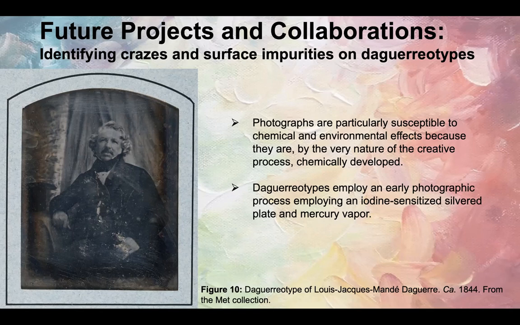That is a relatively new idea, but the Met does have a large collection of daguerreotypes, daguerreotypes being essentially early photographs that utilized an iodine-sensitized silvered plate and mercury vapor, and as these photos have aged, there have been surface crusts that have begun to show over the surface.